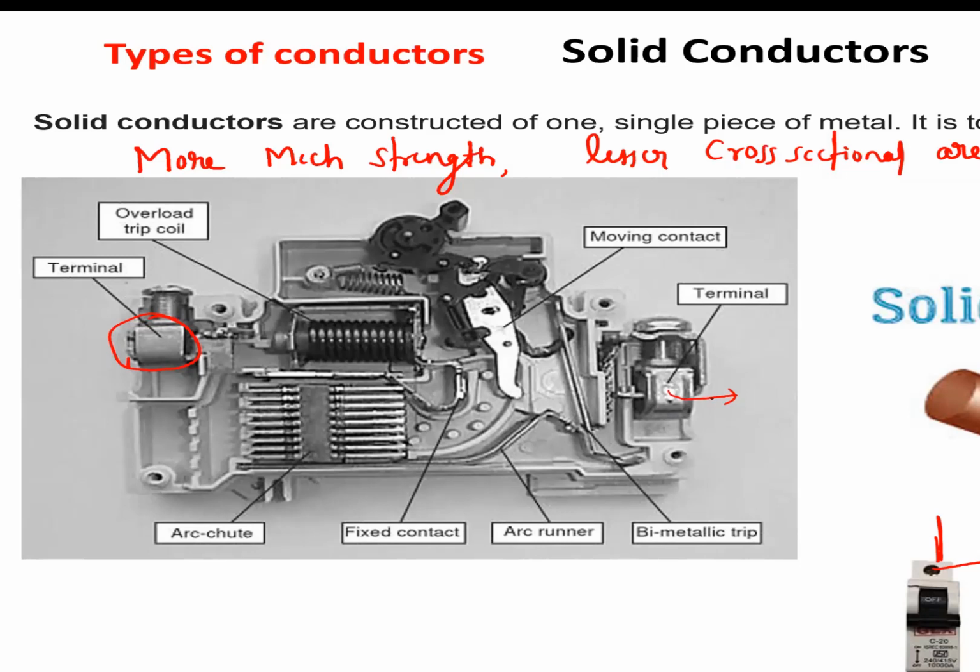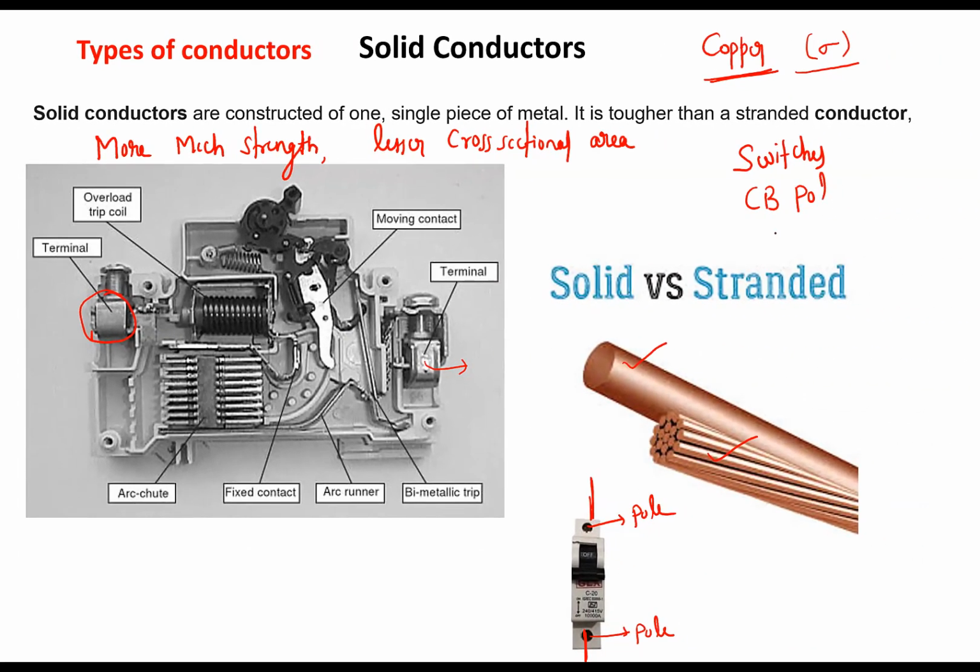So solid conductors are required where you require more mechanical strength and lesser cross-sectional area. Usually they are used in switches, circuit breaker poles, isolators, and they are usually made up of copper because copper has more conductivity and more mechanical strength. Any doubt?